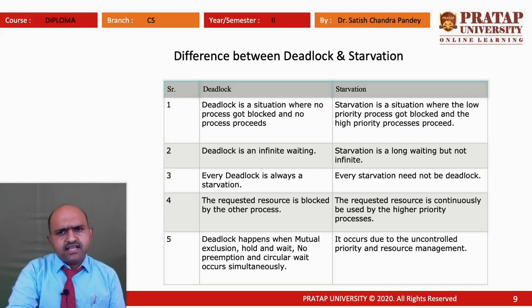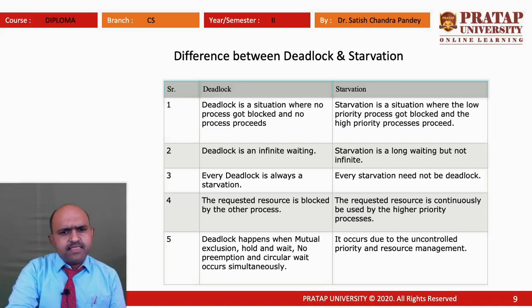Starvation is a situation where the low priority process gets blocked and the high priority processes proceed. Deadlock is an infinite wait, but in starvation it is a long wait but not infinite. This is the main thing.